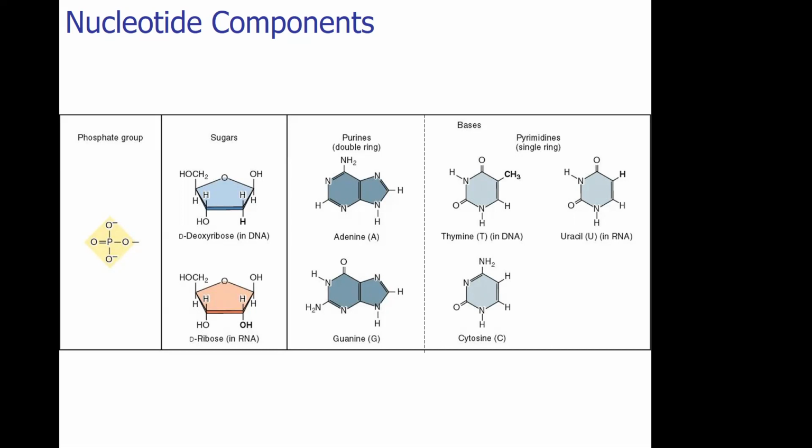Sometimes we do it on purpose, to cause problems, to make mutations. But the idea that T goes in DNA and U goes in RNA is not something to focus in on. That's an arbitrary thing of nature, but it's not a meaningful thing of nature. Cytosine is in all of them. And cytosine has an amine group on it.